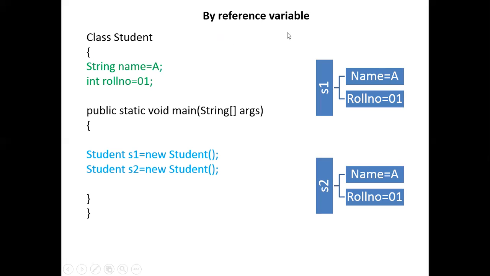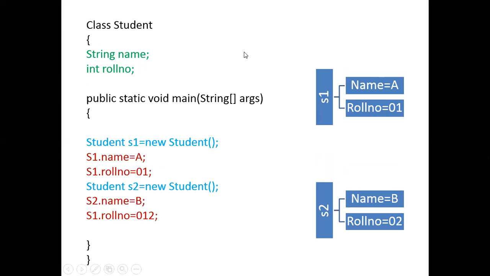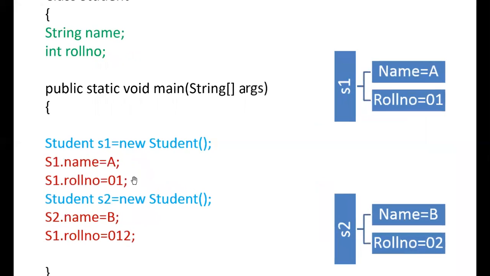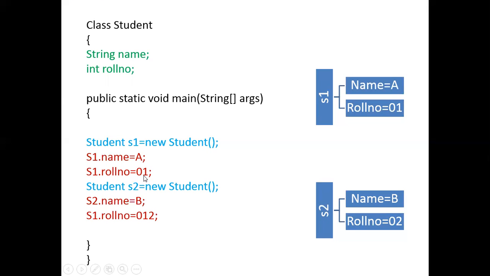Another way, using the reference variable, is that we do not initialize these instance variables here, but once we create an object, we initialize them. Using this object, we refer to both instance variables and assign values to them. Using the object name, s1.name is initialized to A and s1.rollNumber is initialized to 1.